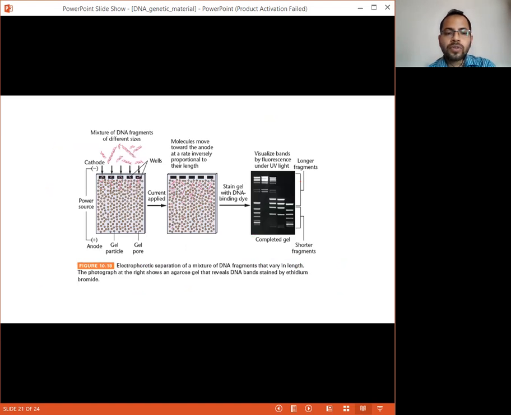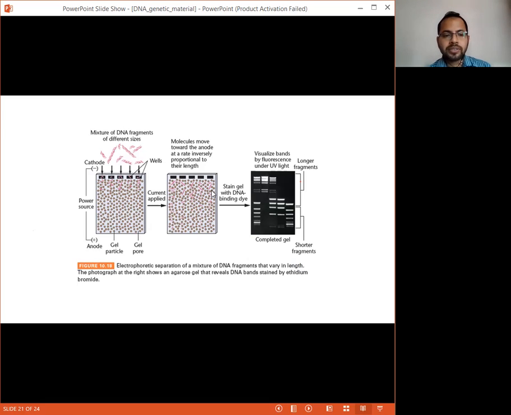Another is electrophoretic separation of DNA, which is also based on the DNA structure. Because as a bioinformatics student, many times you will come across biotechnological experiments on how DNA strands are separated, or how different sizes of DNA are isolated from a mixture of DNA. So there is an experiment known as electrophoresis. Probably you have already seen it at class 12 level also.